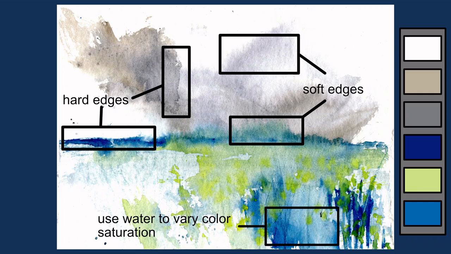In terms of the different colors, if you look on the right of the screen, I've isolated some of the colors that I use. Because this is a winter scene, I tend to use duller, earthy colors, sepias, grays, things like that. If it was a spring or summer painting, I would use brighter colors.